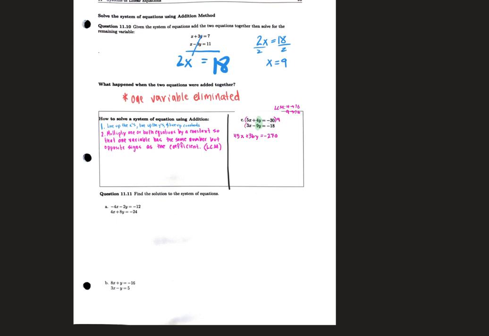My bottom equation, I would multiply by 4 because 4 times 9 is 36. So 3x times 4 is 12x, negative 9y times 4 is negative 36y, and negative 18 times 4 is negative 72, I hope.